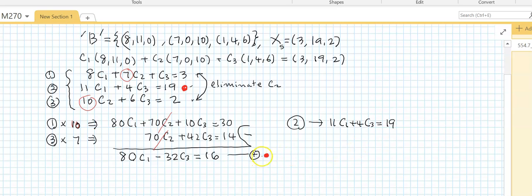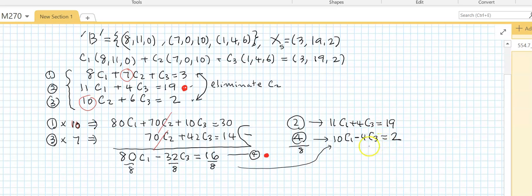Now, if I look at equation 4 divided by 8, it will give me 10C1 minus 4C3 equal to 2, isn't it? If I divide by 8, that's what I get.